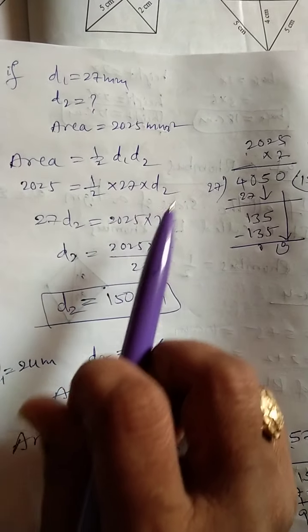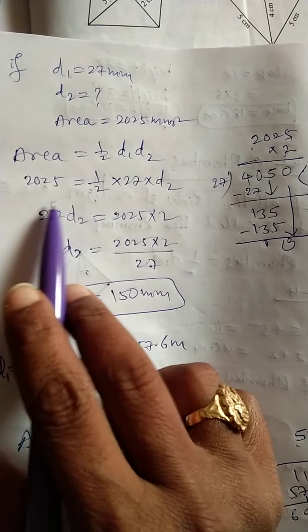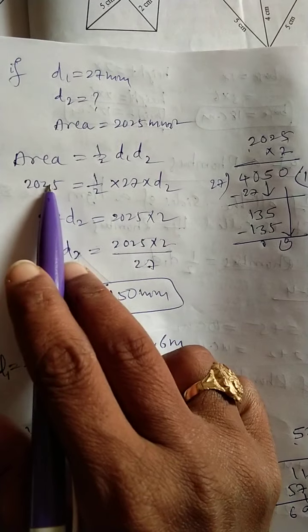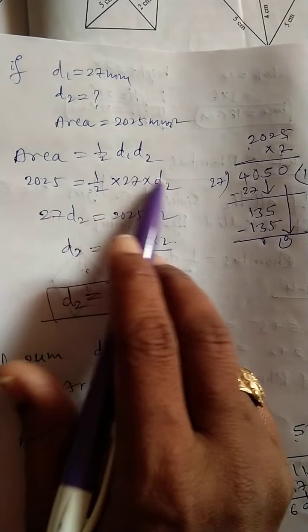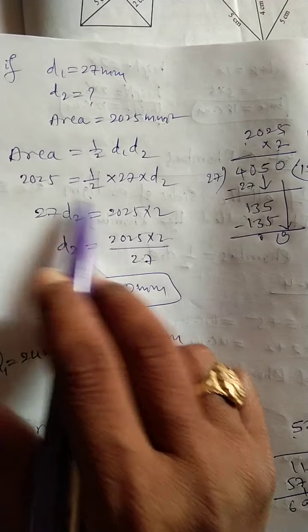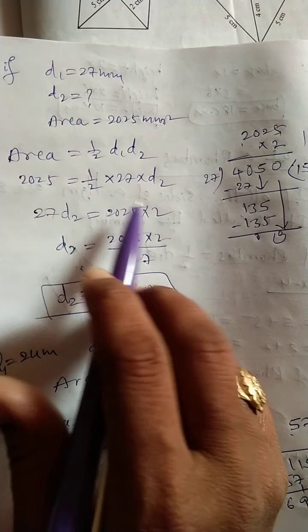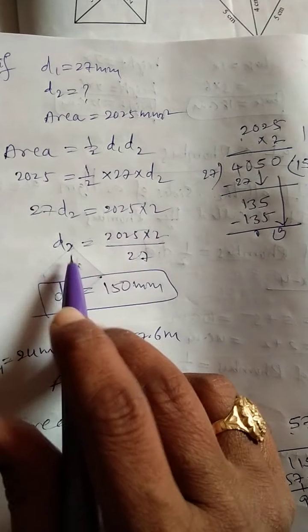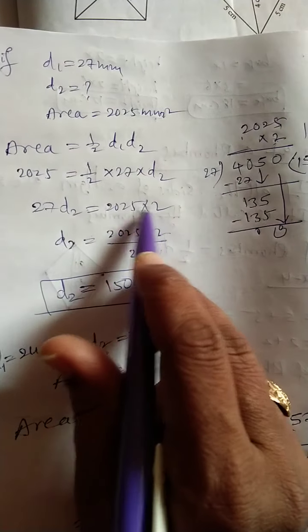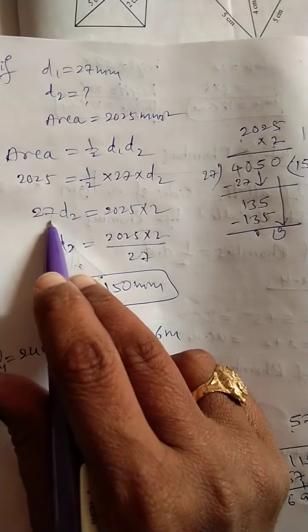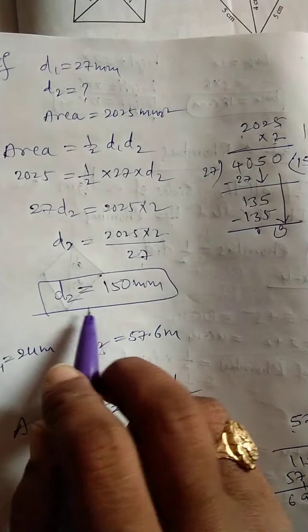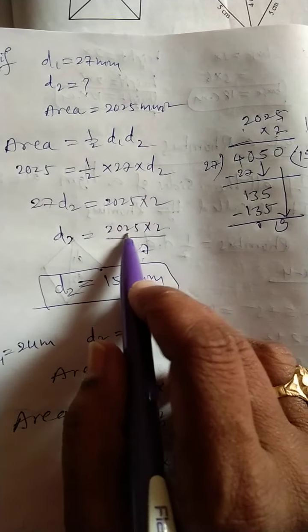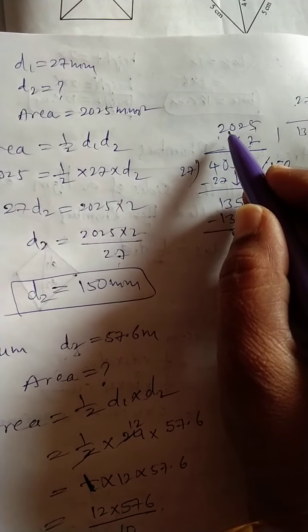Now you can take the transpose of 2. So 27 into d2 is equal to 2025 into 2, since the transpose of division is multiplication. Now d2 is equal to this value as it is.